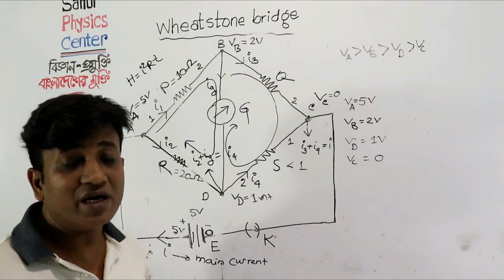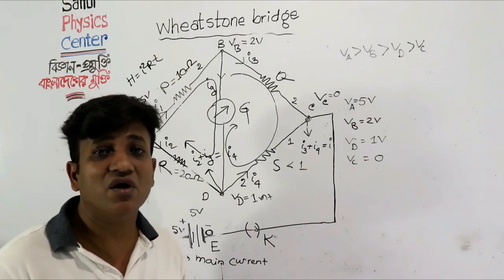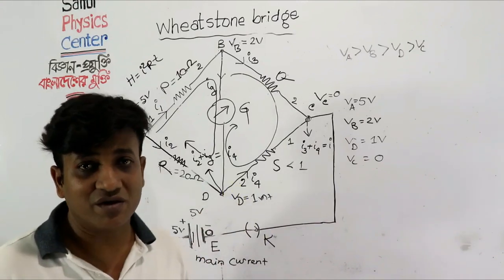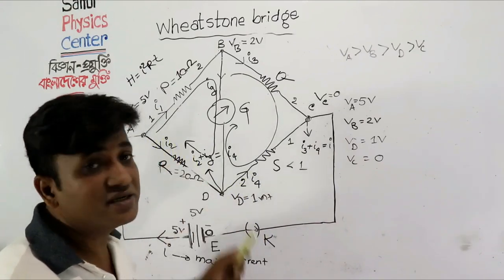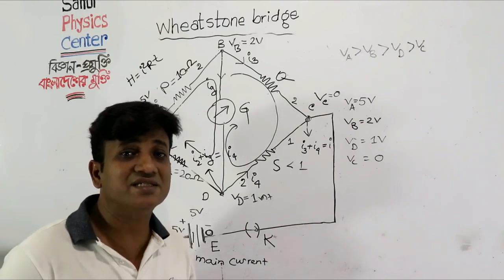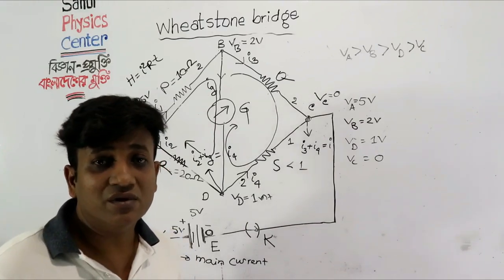You know, a wire which has no resistance is called a superconductor, but here we are not using a superconductor. These wires also have their intrinsic resistance, which is less than 1 ohm.